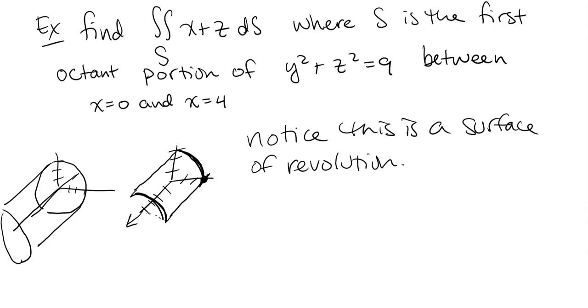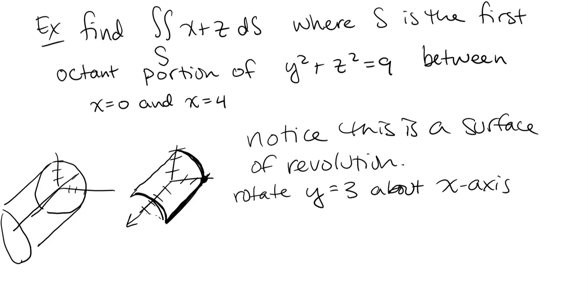I want to set it up as being revolved around the x-axis. And it's a very simple surface of revolution where all we're doing is rotating the line y equals 3 about the x-axis.